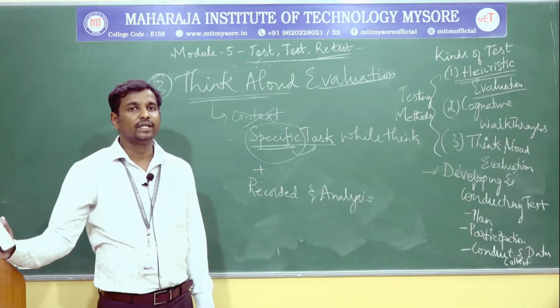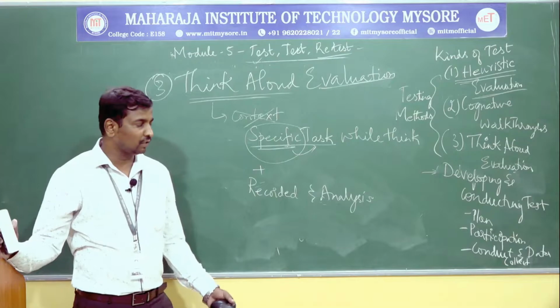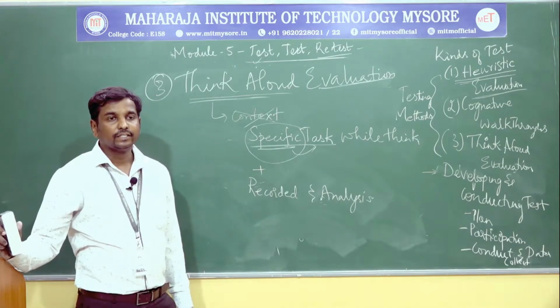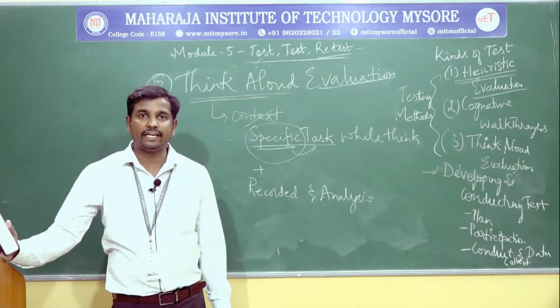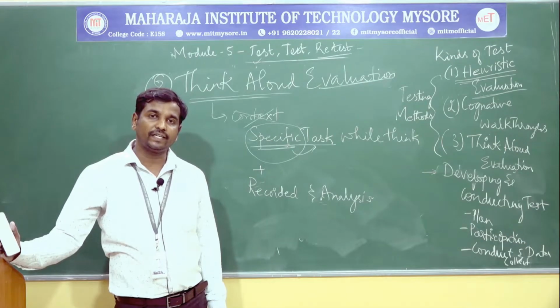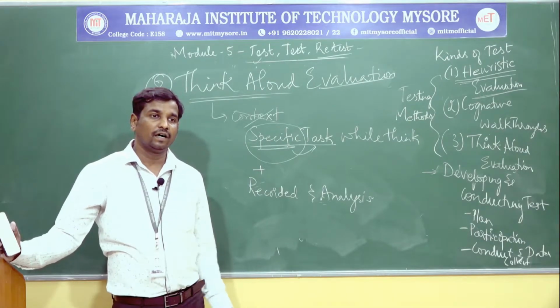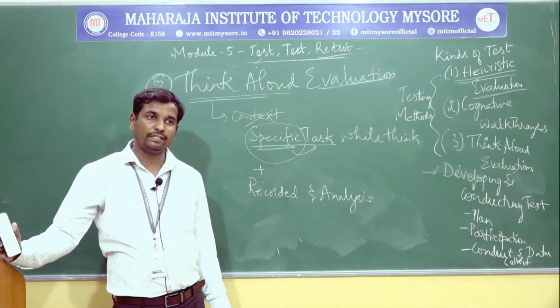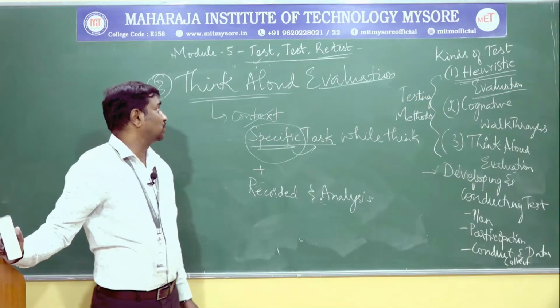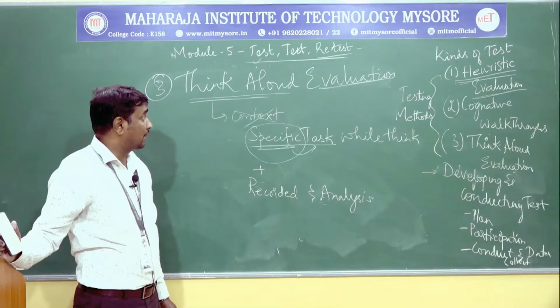For example, if the user of the product is unable to do something, a pop-up message will be given asking why he is not using it. He has to give appropriate reasons through the pop-up messages. Such a type of evaluation is called think aloud evaluation.